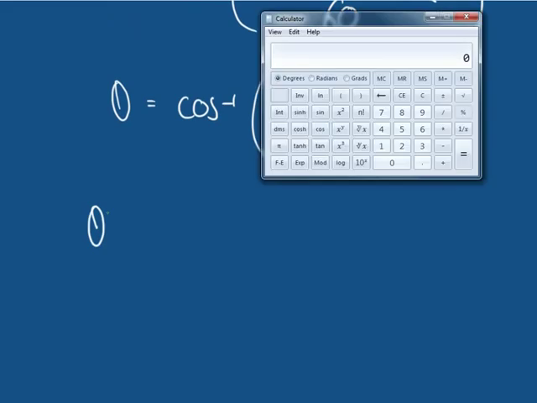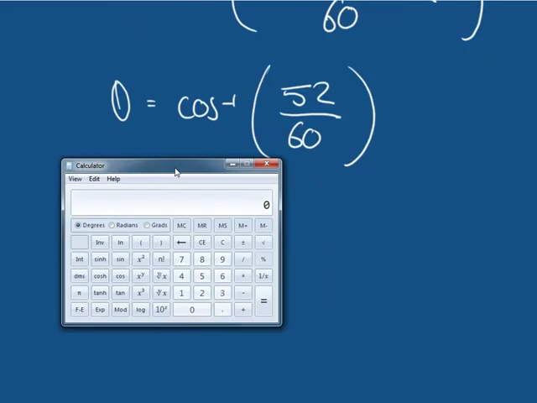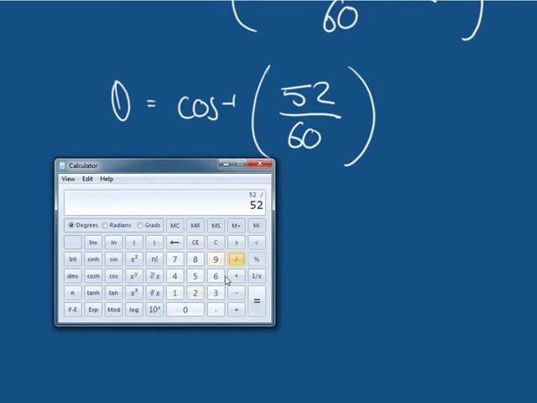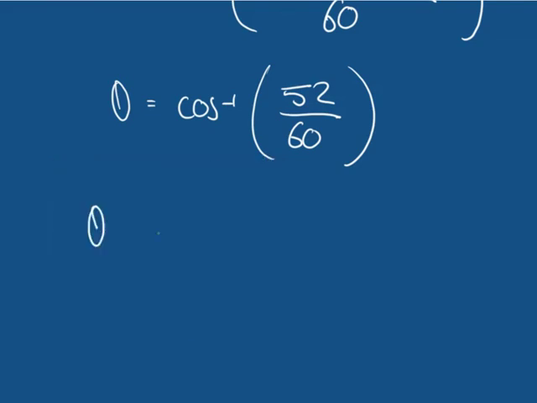We take 52 and divide that by 60, which gives 0.866666 recurring. Then I use the inverse cosine, in degrees, so our angle theta is approximately 29.9 degrees.